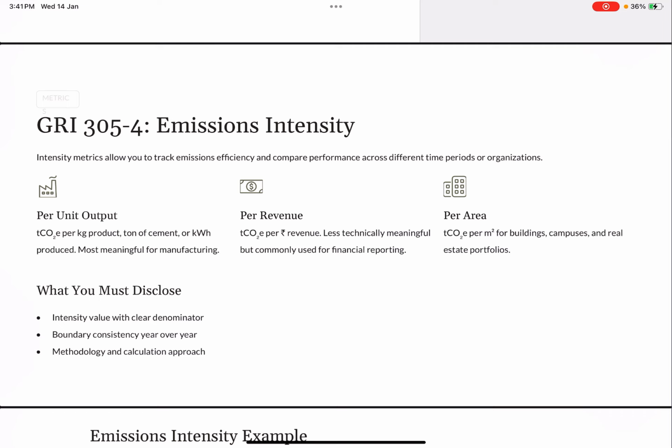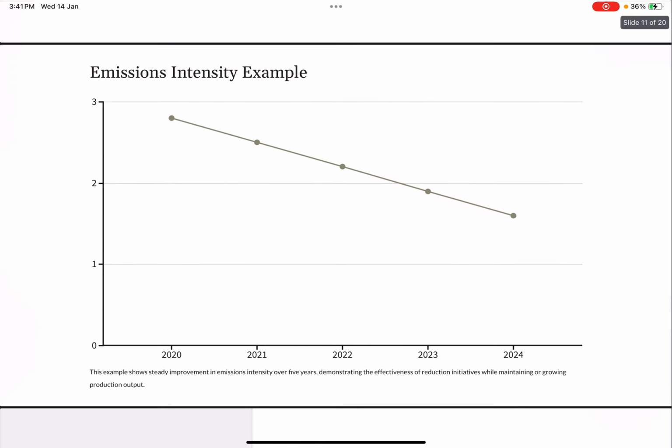Land footprint could also be included: tons of CO2 emitted per meter square of building or per meter square of campus. This gives you an interesting insight about the emission intensity, and it is included in GRI 305.4.